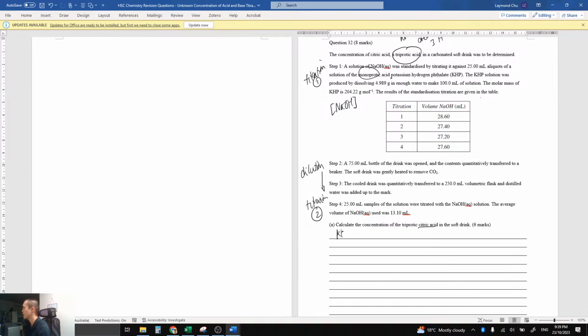Let's write KHP solution plus NaOH solution gives you NaKP plus H2O. Now you might not know what the formula is. Don't stress.